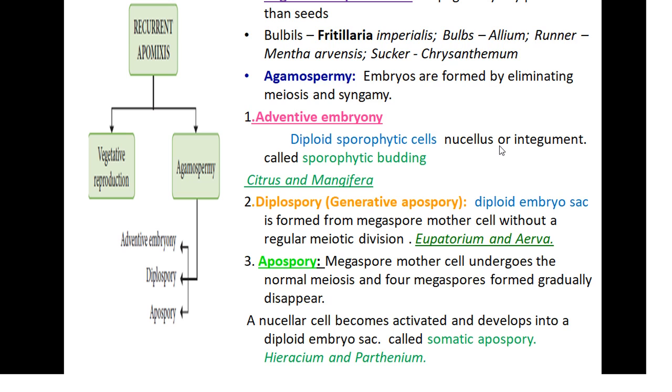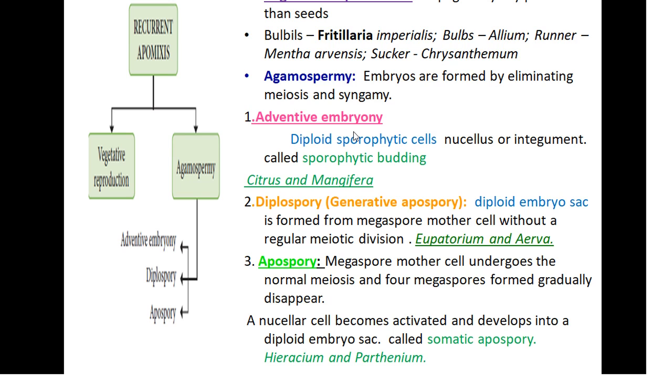They do not get involved in the sexual reproduction of plants, so they are called somatic or sporophytic cells. These sporophytic cells give the diploid embryo, so it is also called sporophytic budding. Examples: Citrus and Mangifera. Citrus is lemon, and Mangifera is our mango.